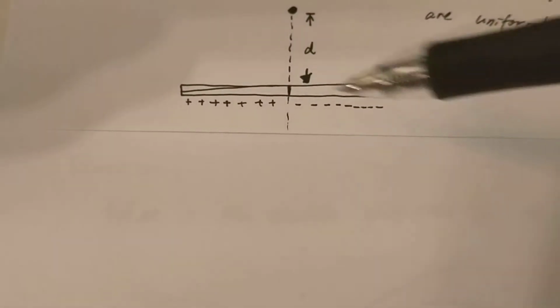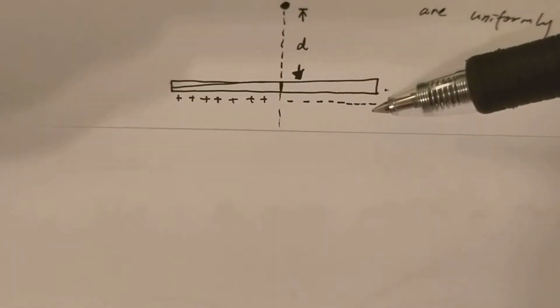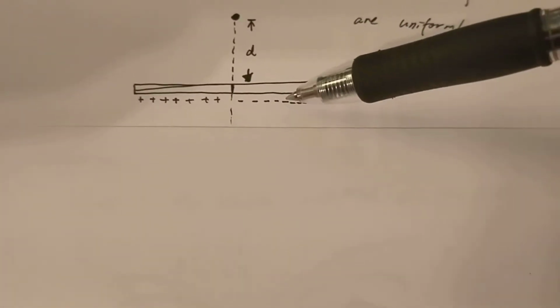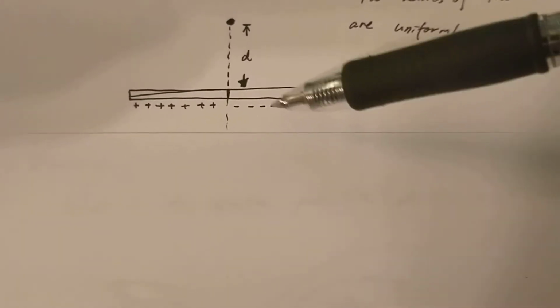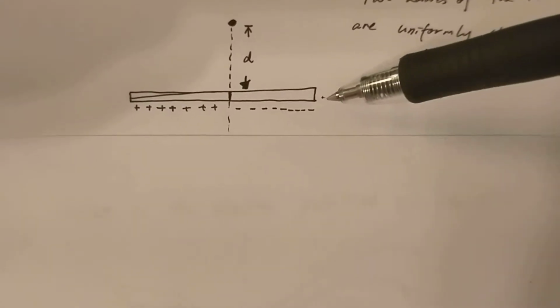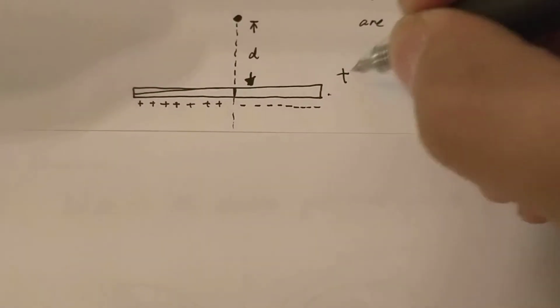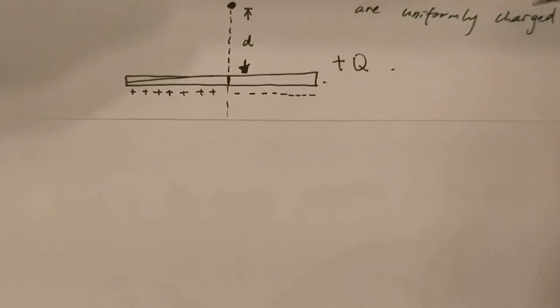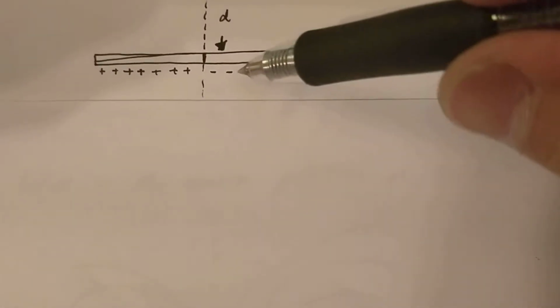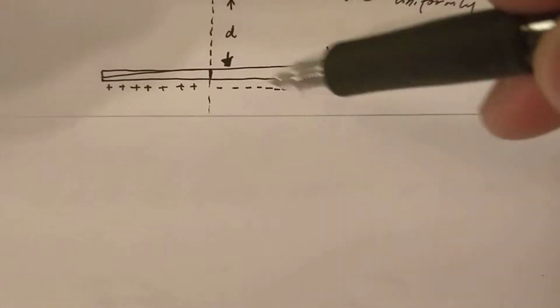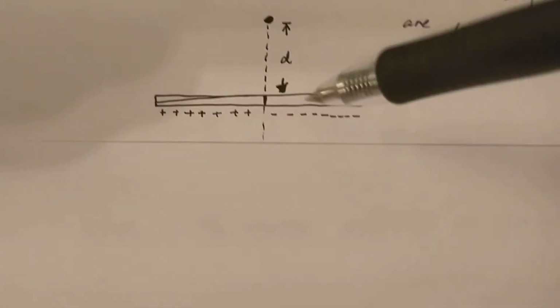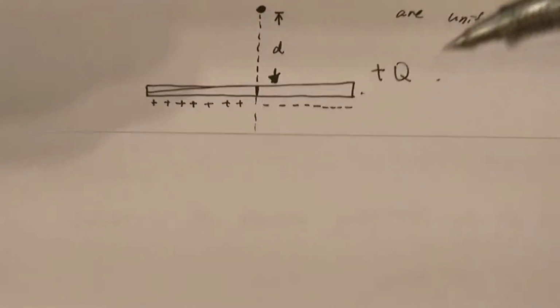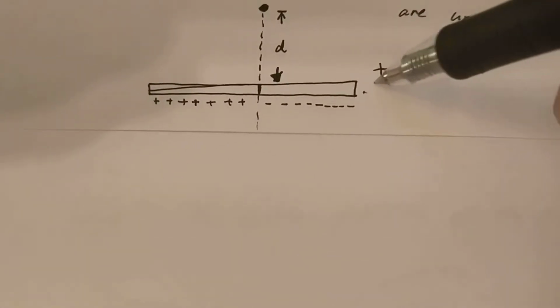The two halves of the rod in the figure, I marked positive on the left-hand side and negative on the right-hand side, are uniformly charged to positive or negative Q.